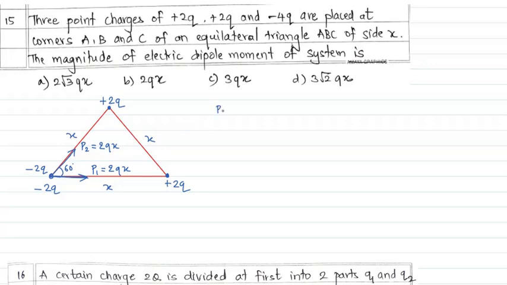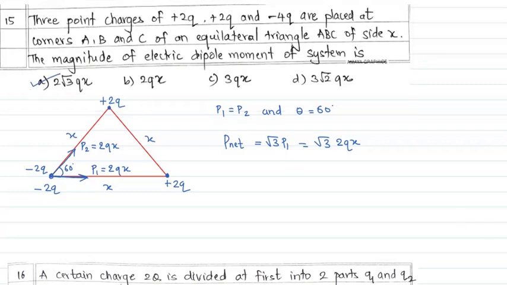Now if you observe, P1 is equal to P2 and theta is equal to 60 degree. So directly you can write, which I have taught you, P net will be root 3 into P1 or root 3 into P2. So root 3 into 2q into x. If you check the options, answer A. Option A is the answer.